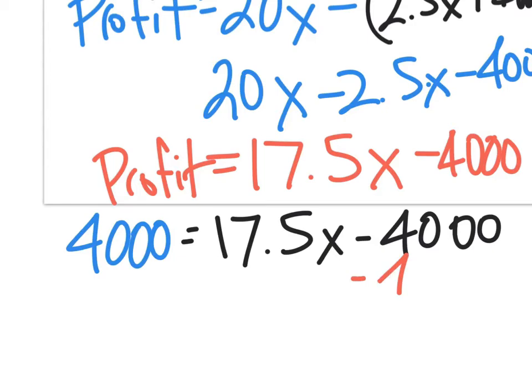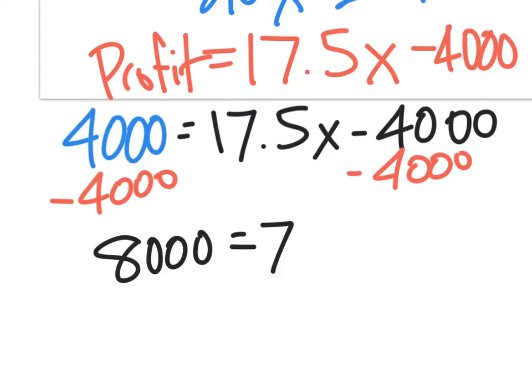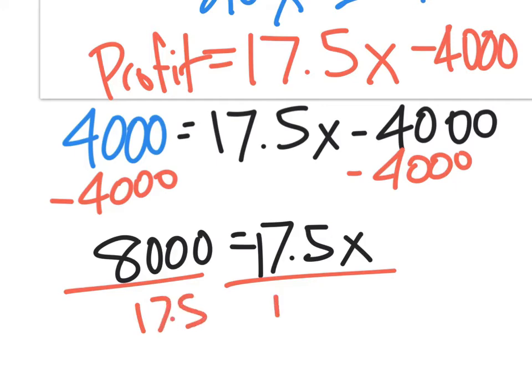Let's add 4,000 to both sides. And when we do that, we're going to have 8,000 equals 17.5x. So now we're going to divide both sides by 17.5 to figure out how many hats she needs to sell.